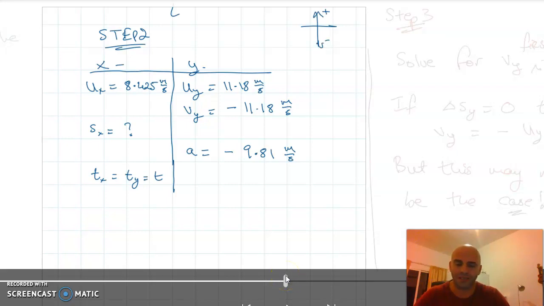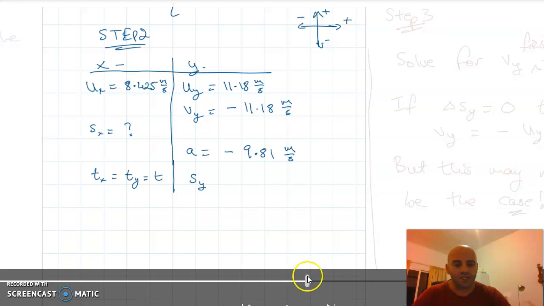I want you to be able to get to that, because that won't necessarily always be the case. If there's a height difference between where it's being launched and where it lands, then that won't happen. So the method I'm going to show you involves solving for the final velocity first in the y direction and then working from there. That's the technique I'd like you to use.